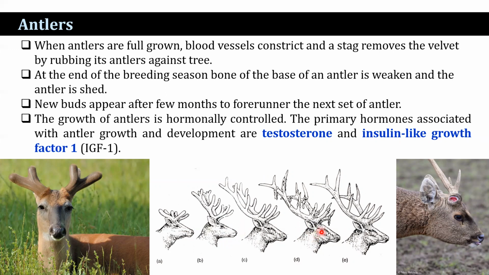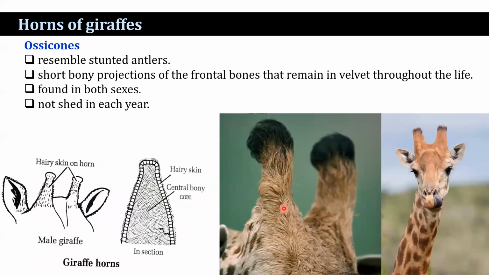In this figure, the velvety skin dies and sloughs off. The testosterone levels peak during the fall breeding season. So the antlers are shed in January as testosterone levels subside. So this is a cyclical change.